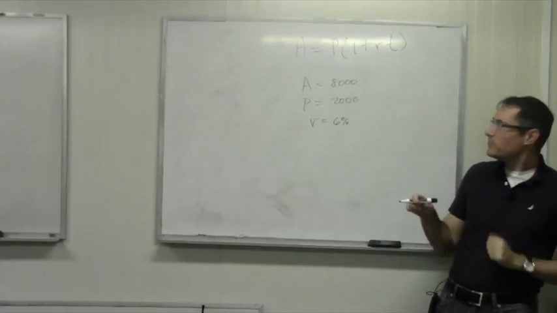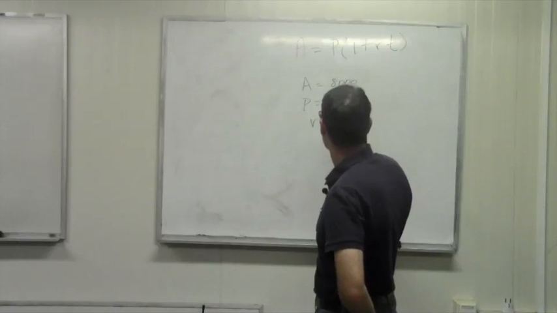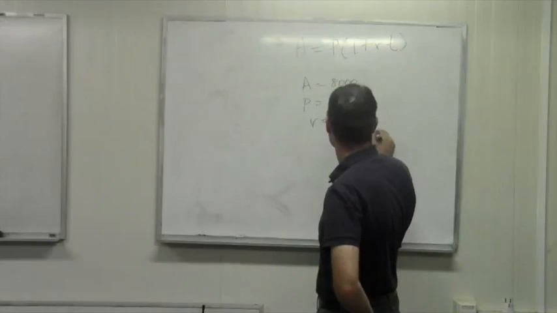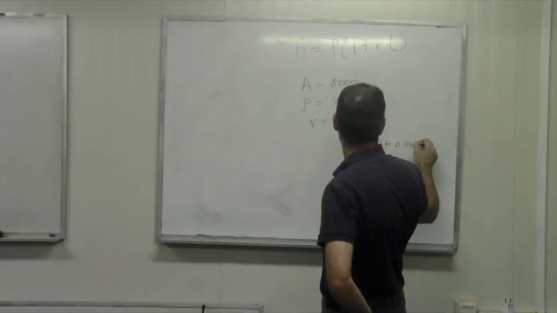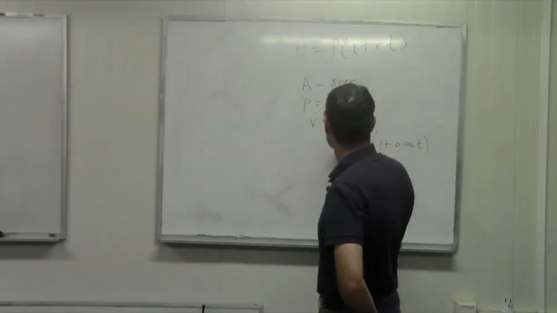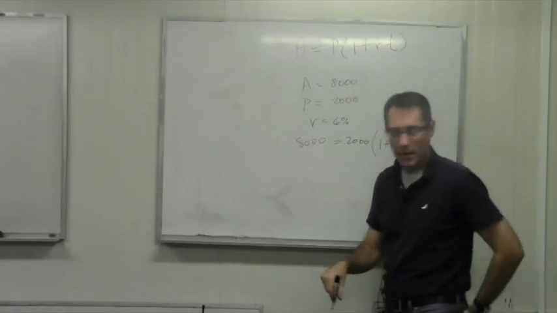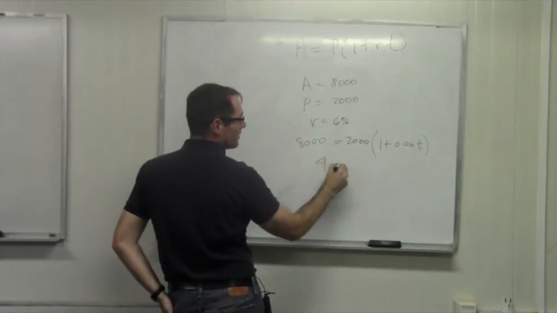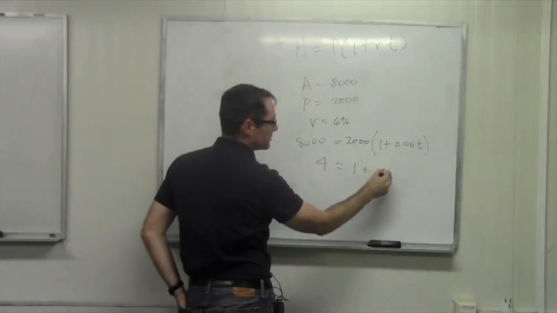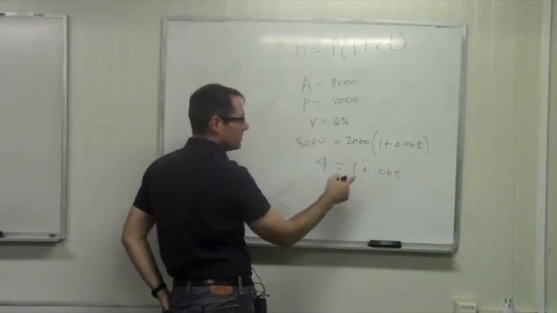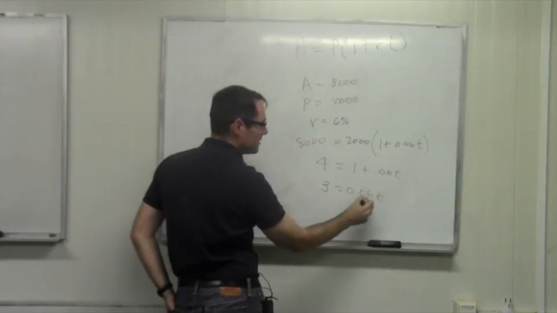So you might need to do something like that. In this case you'd go 2,000 times 1 plus 0.06 times t equals 8,000. And then you start solving for it. You divide both sides by 2,000, so 4 equals 1 plus 0.06t. That's going to be 3 equals 0.06t.